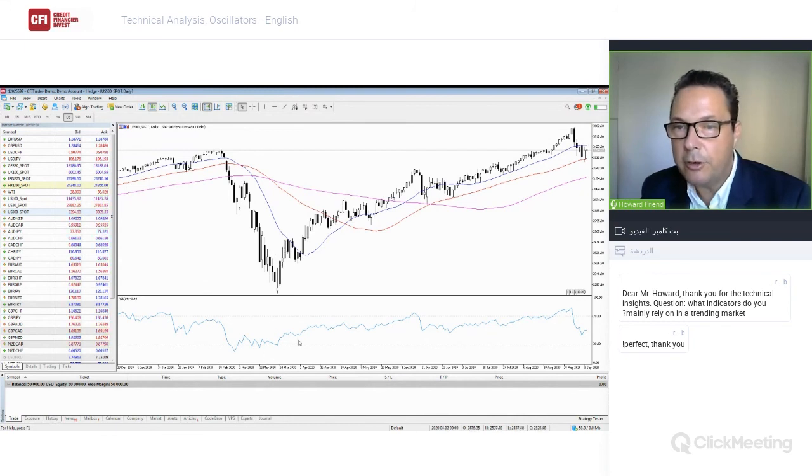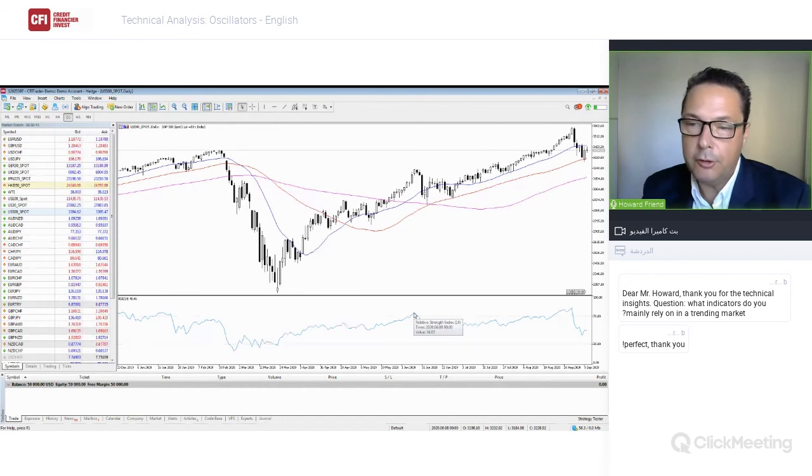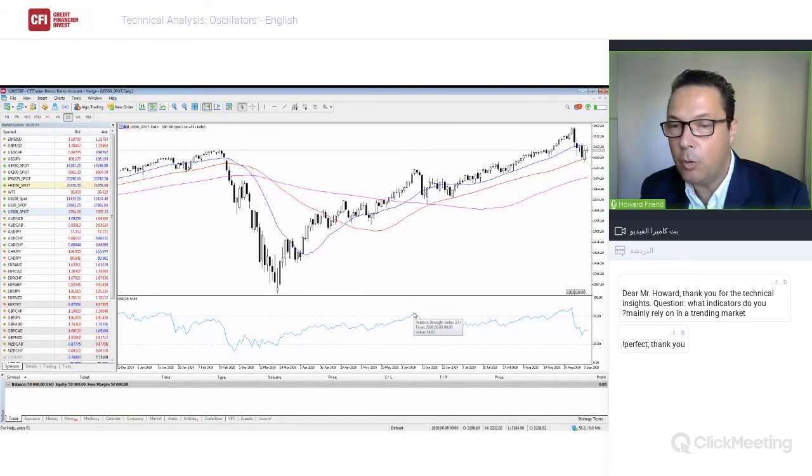So the market is trending higher. It breaks above the overbought region, as one would like to see during a typical uptrend. So we're not topping out, struggling at 60 or 70. We're making new highs above 70, and then we start to correct lower in the RSI.